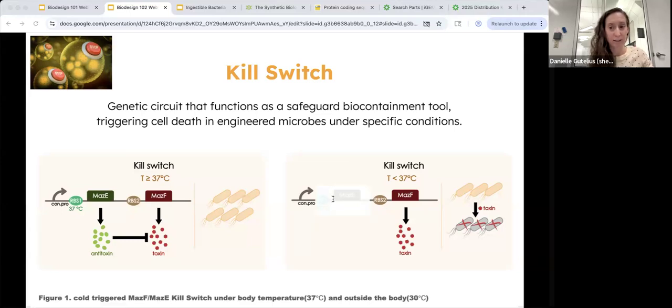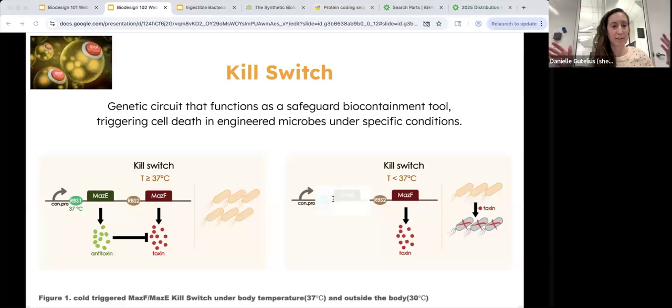So what you're seeing here is the toxin is always being produced that would kill the host cell. The antitoxin is under translational control of a ribosome binding site that only functions over 37 degrees Celsius, which is body temp. Okay, so they only want it to function inside the body.